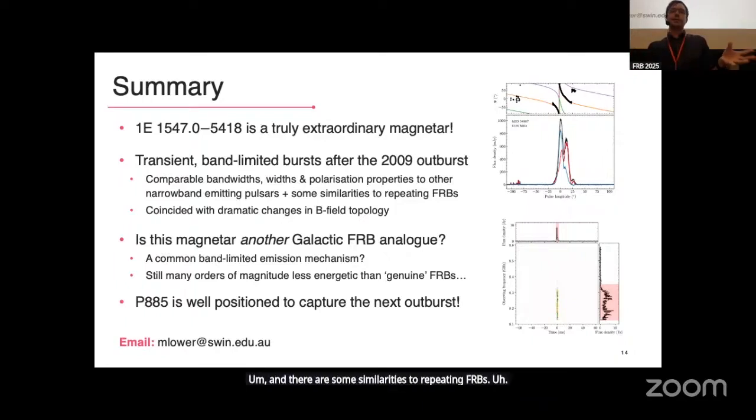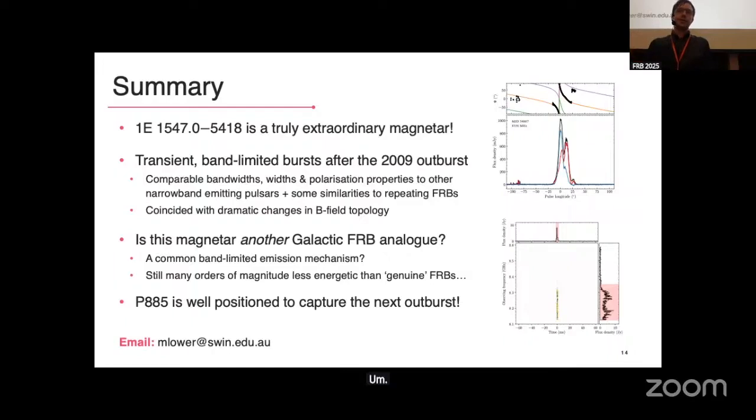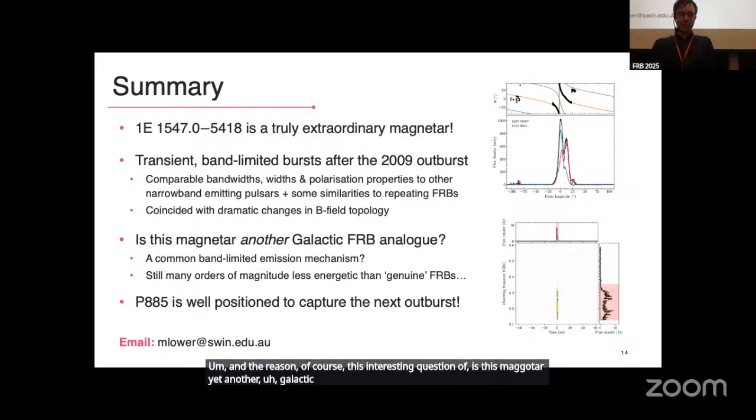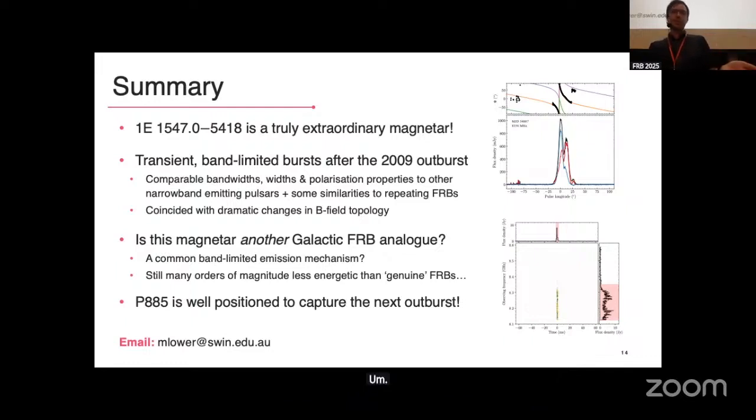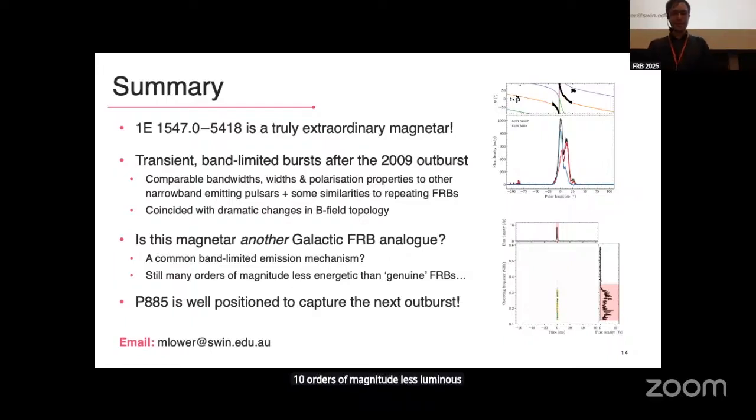This coincided with some dramatic changes in the magnetic field topology that we don't fully understand at the moment. And this raises the interesting question of whether this magnetar is yet another galactic FRB analog. The emission properties imply that maybe there's a similar emission mechanism. However, this still doesn't account for the issue of these bursts being 10 orders of magnitude less luminous than genuine FRBs.